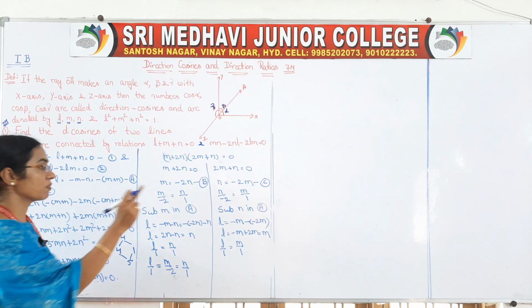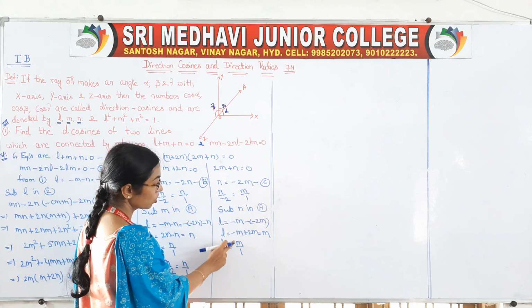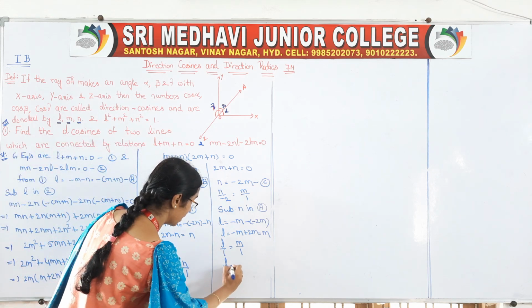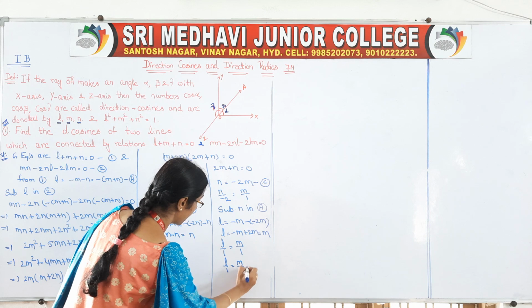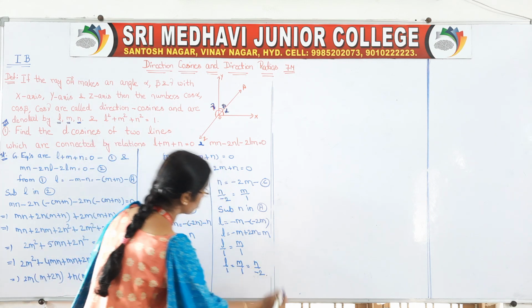Now observe this one. n by minus 2 is equal to m by 1. Here also m by 1. So write in the order: L by 1 is equal to m by 1 is equal to n by minus 2.